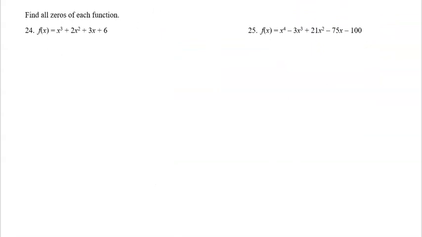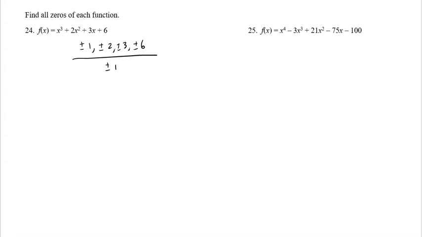Okay, so finding zeros. The way we find zeros of a function is we do what is known as the rational root theorem. So we're going to list out all the factors of this last number, the constant, and then over that we're going to list out the factors of this very first number, this lead coefficient.